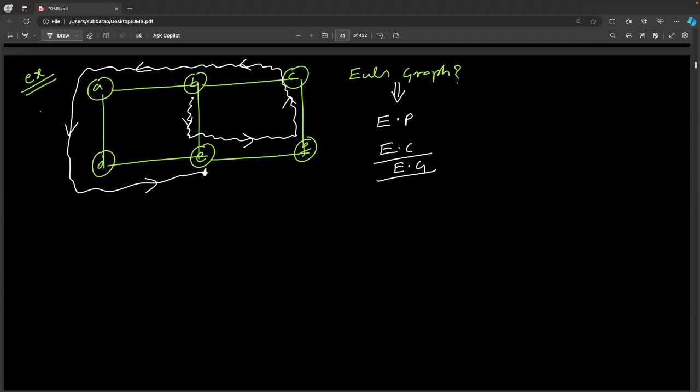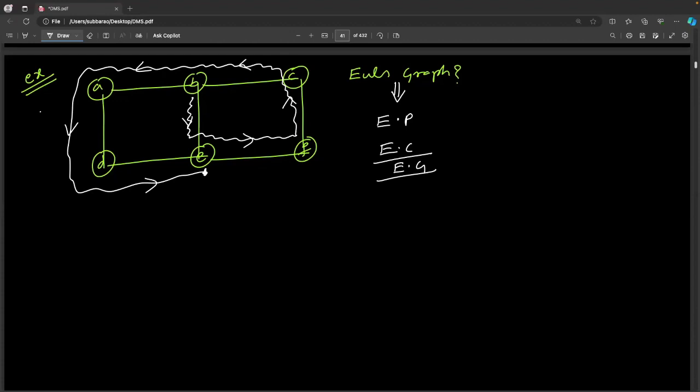I'm not saying every path is an Euler path. In the given graph, if you find at least one path in which every edge is visited exactly once, final question: is an Euler path possible? Atul said to me, Euler path exists, sir. That is the reason I tried.